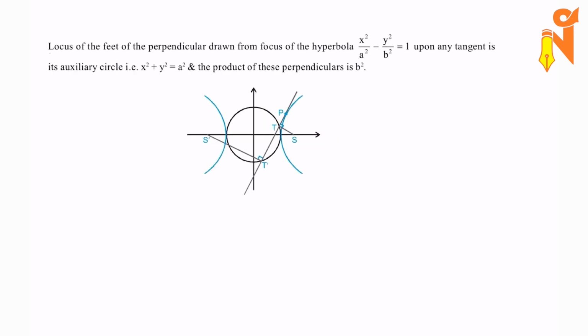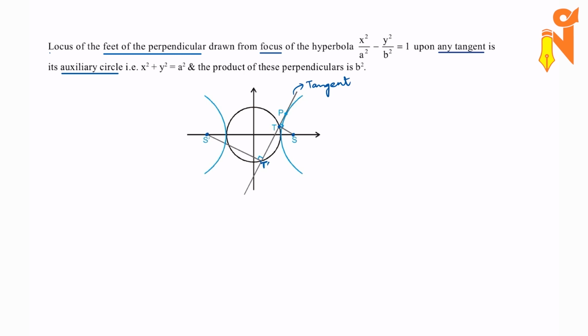Third property: the locus of the foot of the perpendicular drawn from the focus of the hyperbola upon any tangent lies on the auxiliary circle. So it is any tangent, and from the focus you are drawing a perpendicular line that meets the tangent at T, and from the other focus S dash, let's say it meets the tangent at T dash.